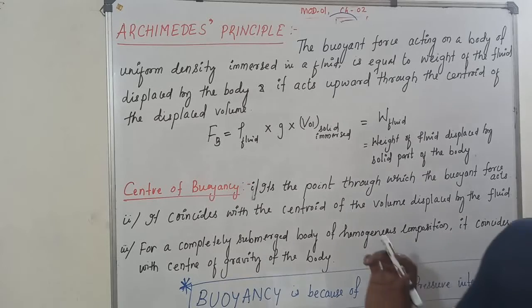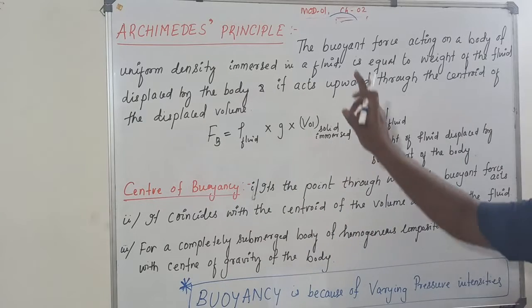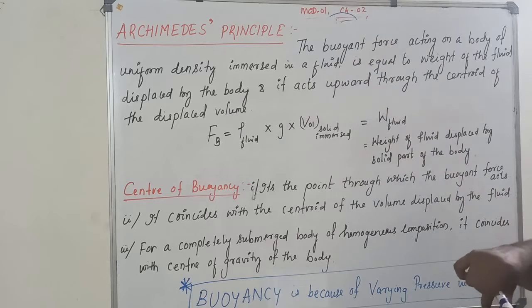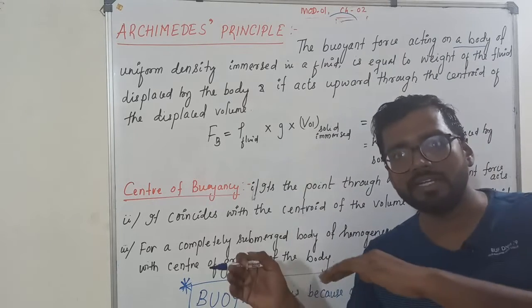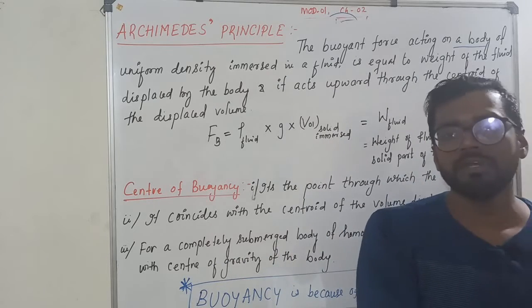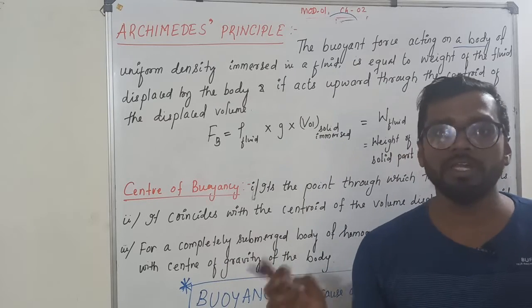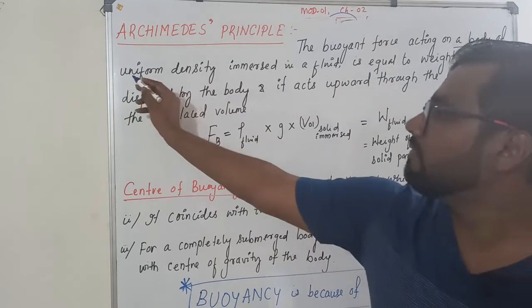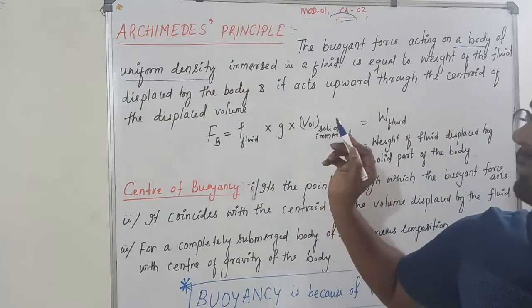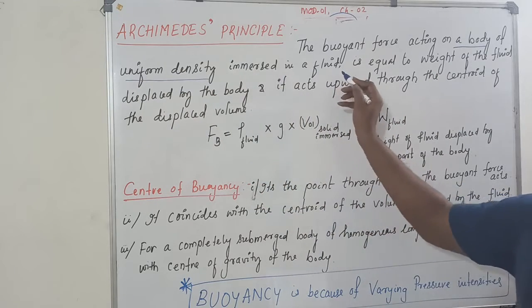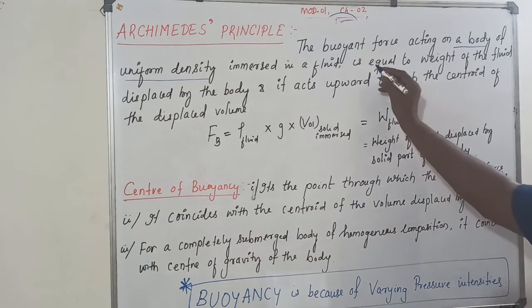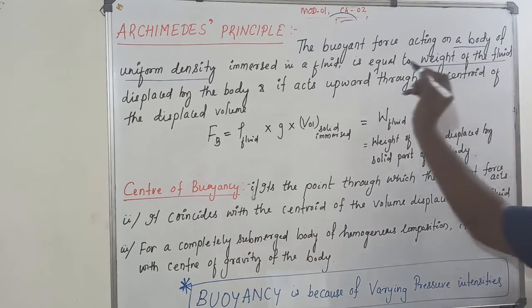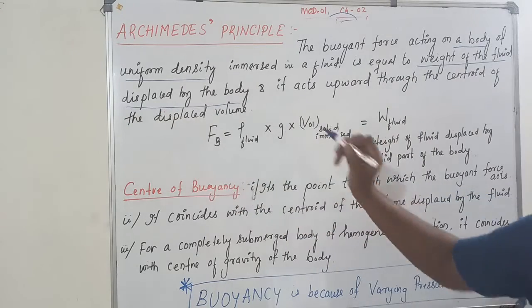Coming to the theory, what does Archimedes principle say? The buoyant force acting on a body, where is it acting? The pressure is acting on the body by the fluid. The buoyant force on a body of uniform density, immersed in a fluid, either fully or partially submerged, is equal to the weight of the fluid displaced by the body.